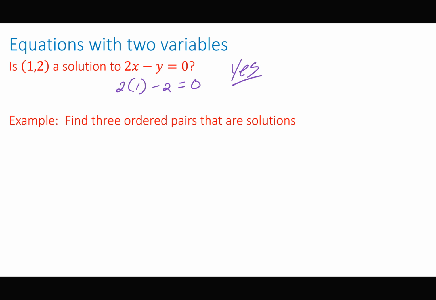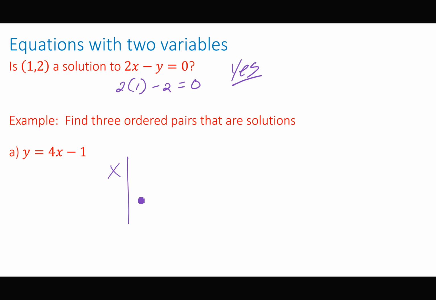Another example, I could say, okay, find 3 ordered pairs that are a solution to this equation. So y equals 4x minus 1. I want to come up with 3 ordered pairs that would be a solution. There's a lot of ordered pairs, but let's pick 3 that we know for sure.